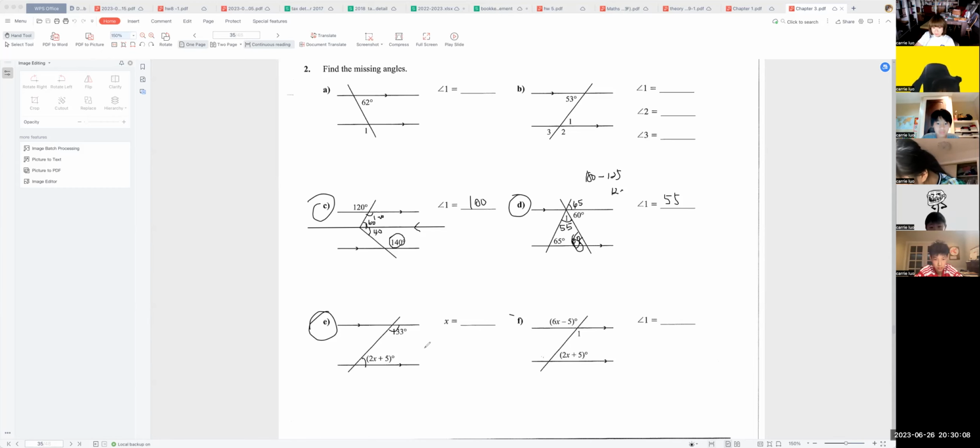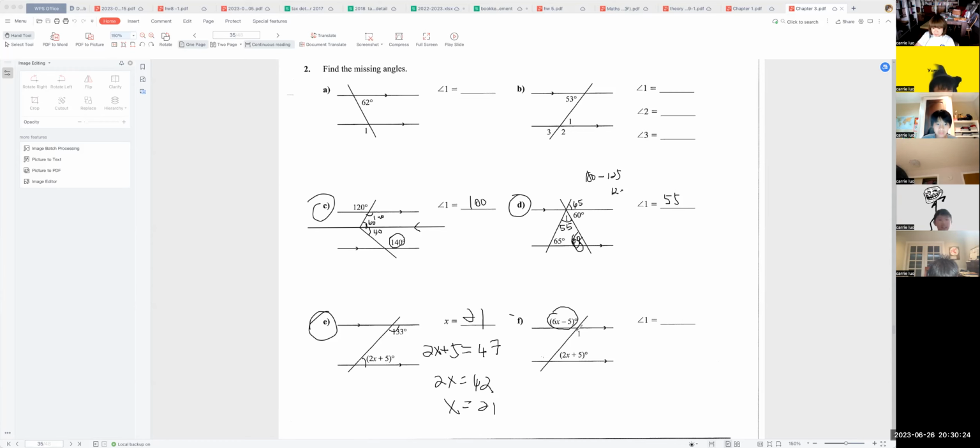So we know this one with 2x plus 5 equals 47. So 2x equals 42. x equals 21. Correct, everybody? Okay, and because 6x minus 5 degrees equals this one.